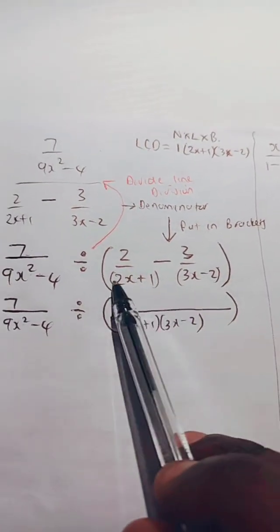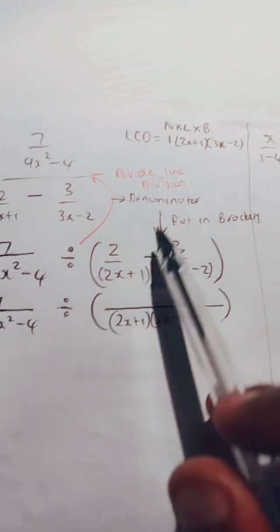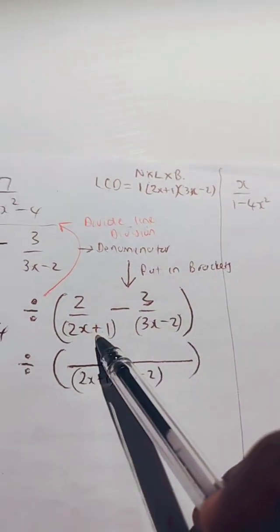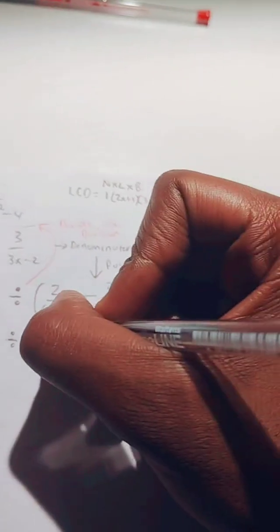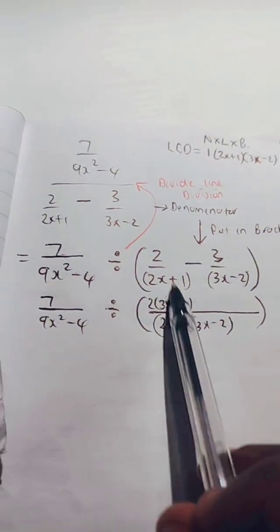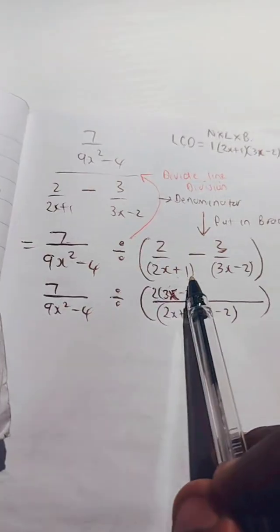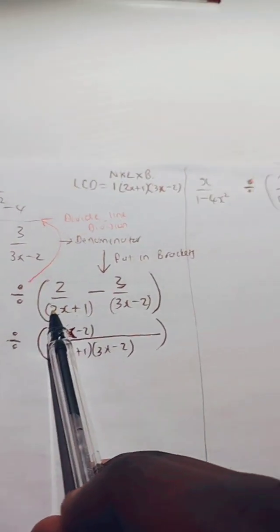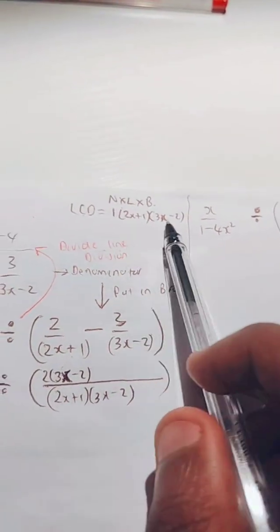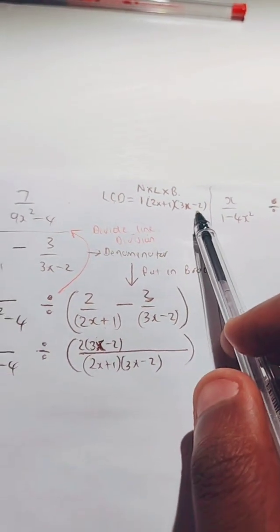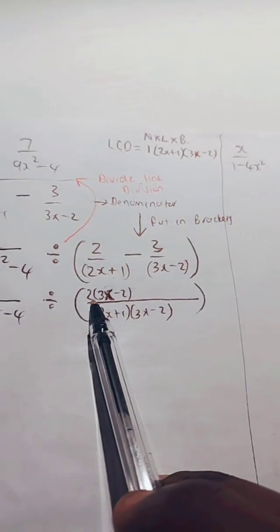But remember, if we are multiplying here by 3x minus 2, which is missing, it means at the top we multiply by the same thing, 3x minus 2, which is missing. Which means, in other words, this here is the equivalent fraction of 2 over 2x plus 1, where the LCD is the lowest common denominator. So that's why we multiply.